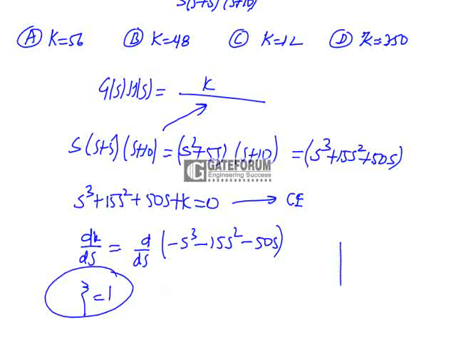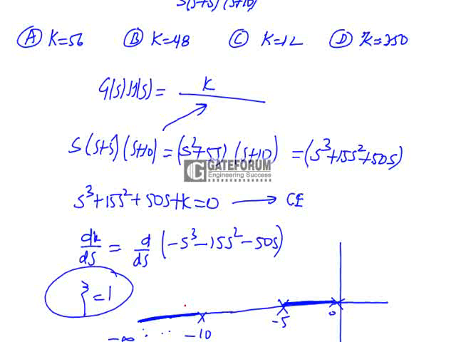If you see the root locus plot here, this is s equal to 0. Let us take this point at s equal to minus 5, and this point at s equal to minus 10, and so on up to infinity. Now this is the branch which lies on the root locus, and another branch is going to lie on the root locus.